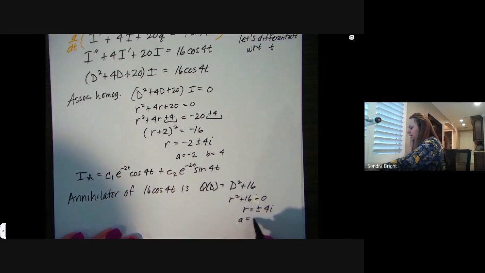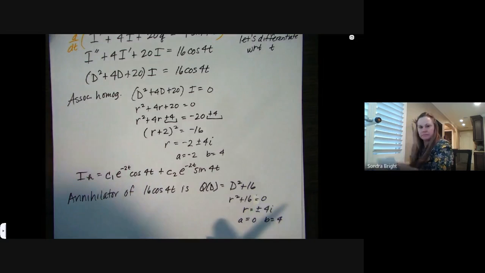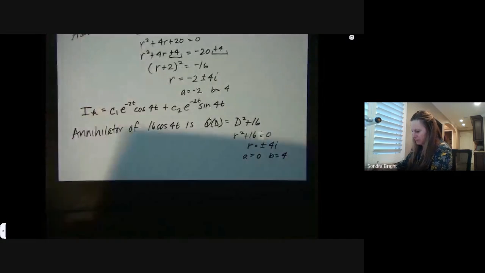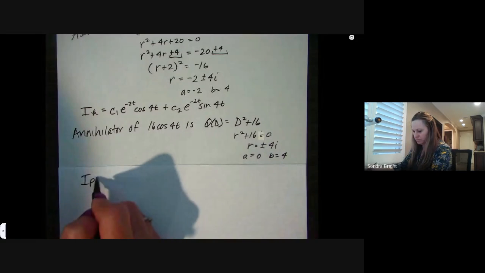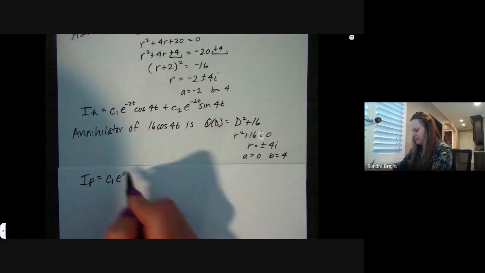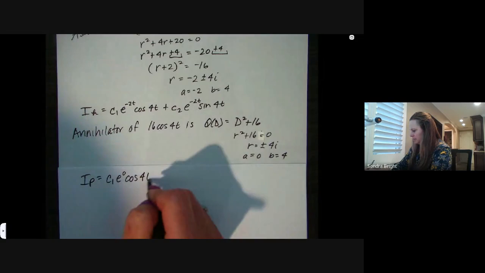And so the particular solution would be C1 e to the 0, which is just 1, right? Cosine of 4t plus C2 e to the 0 times sine of 4t.